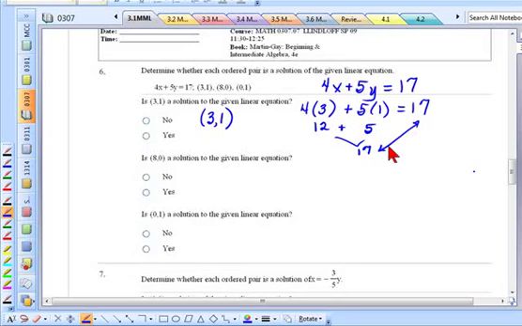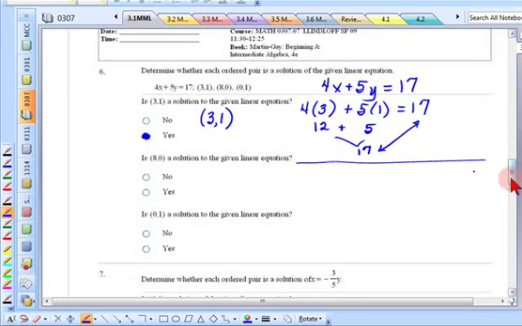So now, is 17 equal to 17? Yes. So is that a solution? The answer is yes. If when you plug in the x and the y, you get a true statement, you get to answer yes.